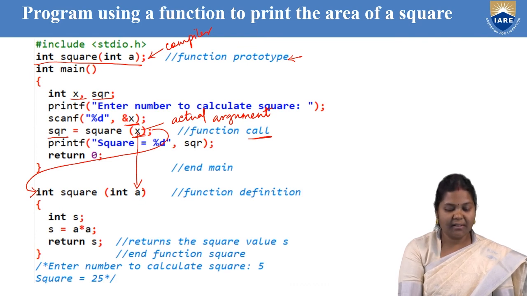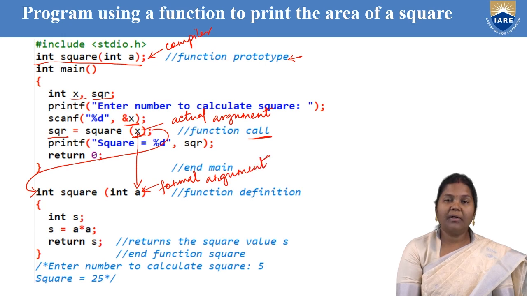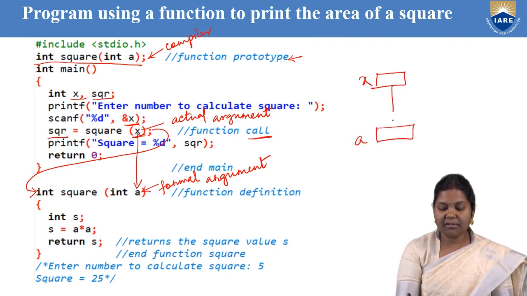Here a is called the formal argument. It works as a local variable also. We are using the technique of call by value, where x is a separate variable and the value of x is simply passed to a. So x is known as the actual argument or actual parameter and a is known as the formal parameter or formal argument.